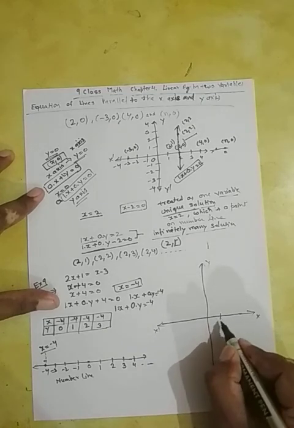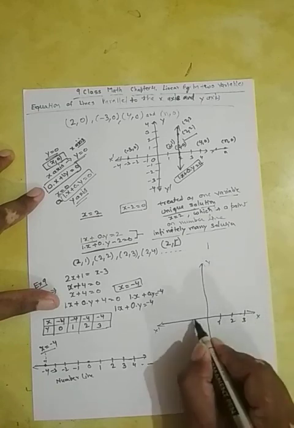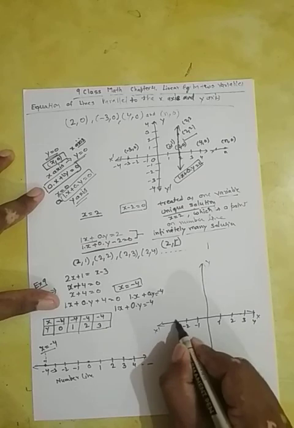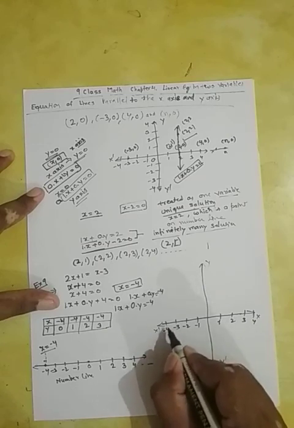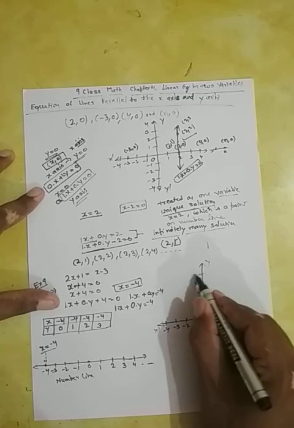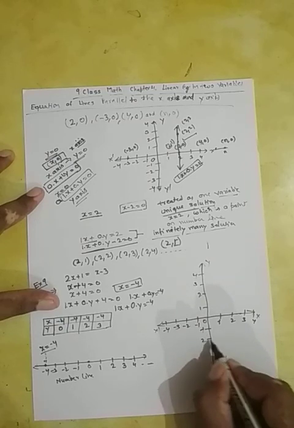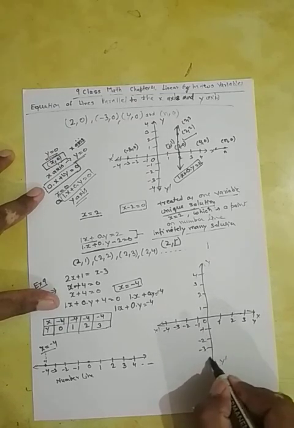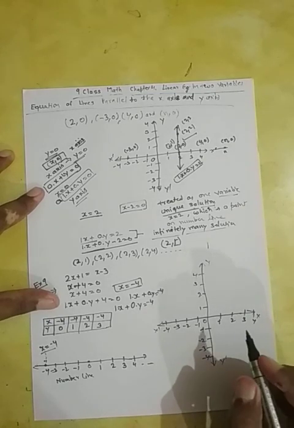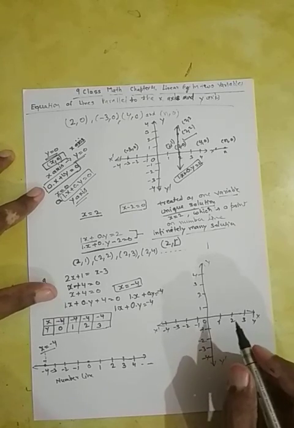We equally divide the lines: 1, 2, 3 and 4, minus 1, minus 2, minus 3 and minus 4, up to infinity. Then we put the solution in the geometrical plane.